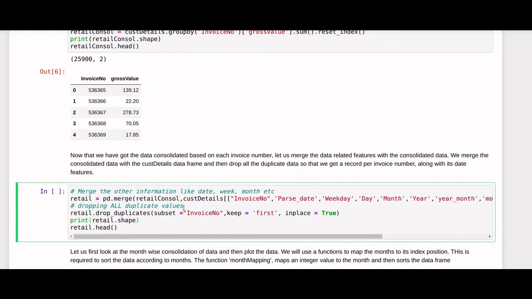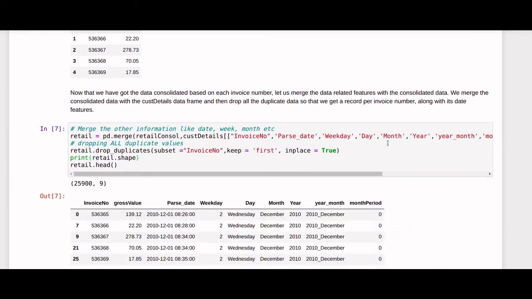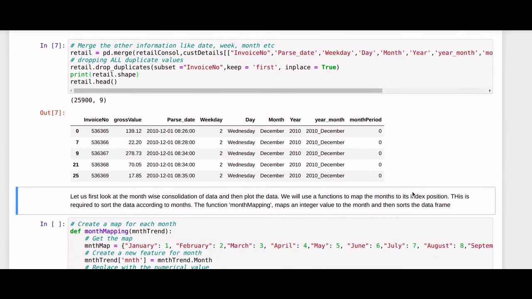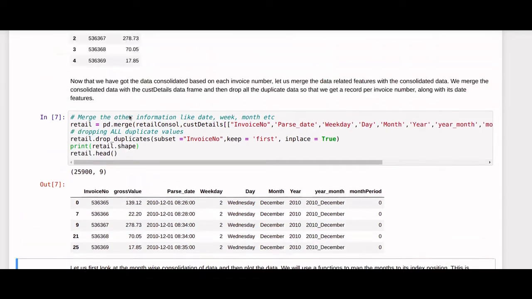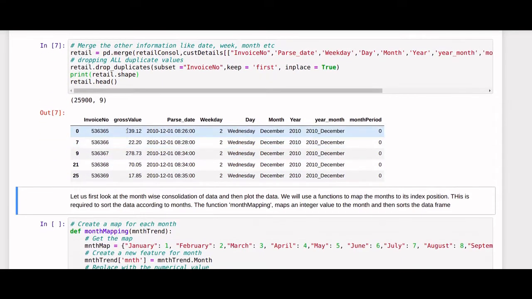Okay, so that's all we want. So let's merge that and get the data set. This is the data set which we've got, again on the same size as the aggregated data. Now we've got data across each invoice, the gross value, and the other details also: weekday, day, month, year, and month period. We've got all here.